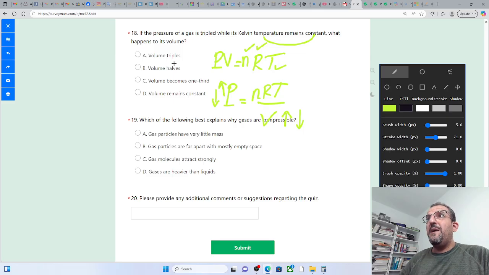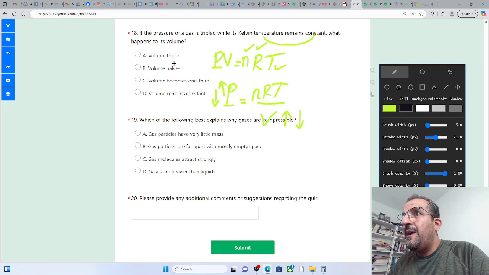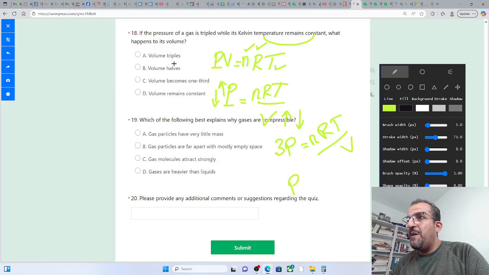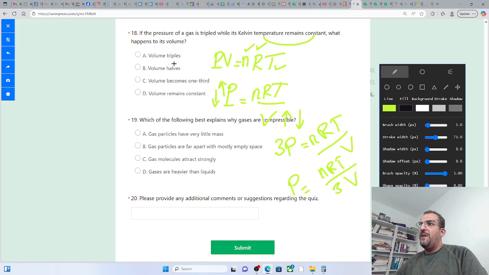If I, for example, triple the pressure of the gas, so if I have here 3P, I'm going to write that down here. 3 pressure is equal to nRT divided by volume, and that will give me pressure is equal to nRT divided by 3 volume.